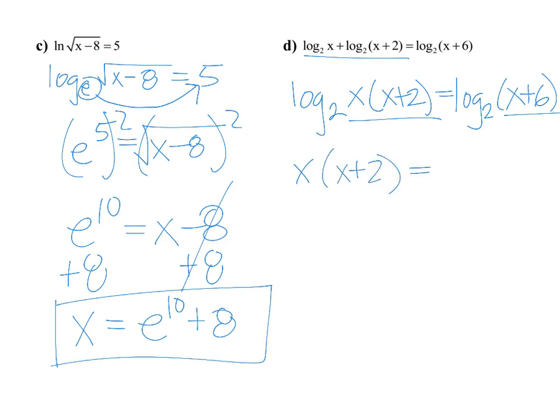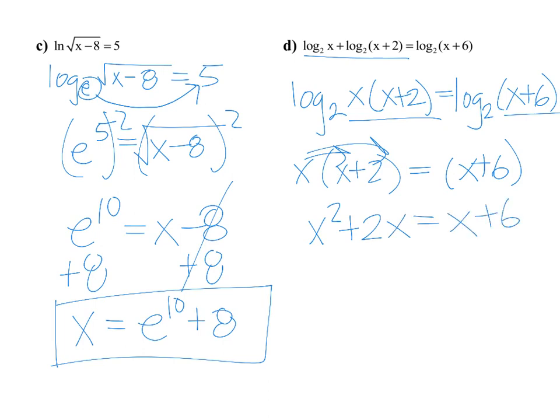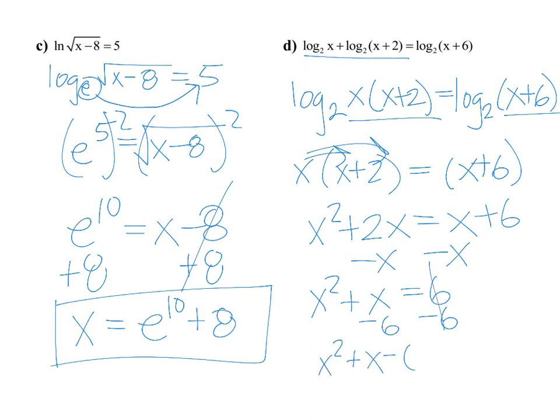All right, so that certainly simplifies things. I'm going to distribute here. So I get x squared plus 2x equals x plus 6. All right, subtract x. I get x squared plus x equals 6. x squared plus x minus 6 equals 0.